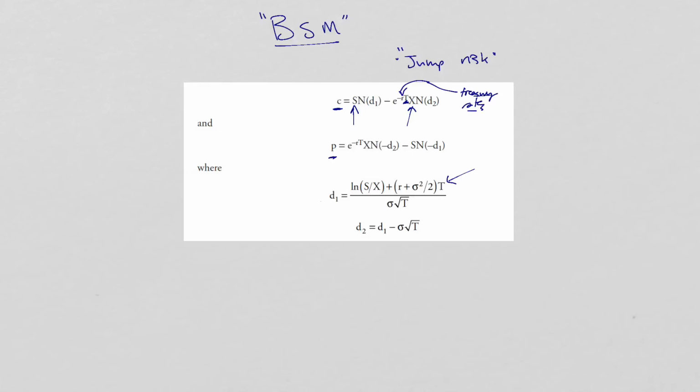So everything in these formulas is known to you except for volatility, which you have to estimate, oftentimes by looking back at the historical volatility of this stock. So in the Black-Scholes model, the one unknown factor is volatility.